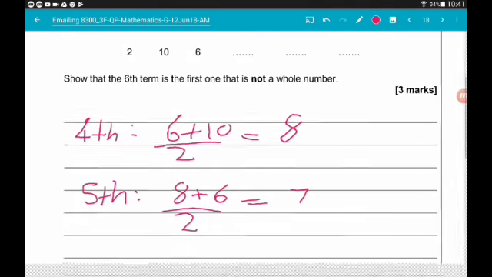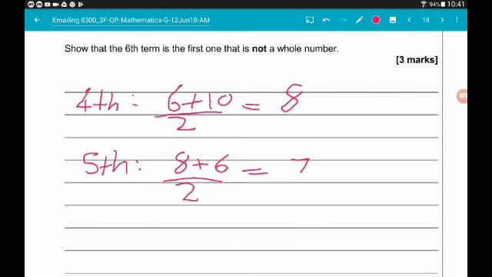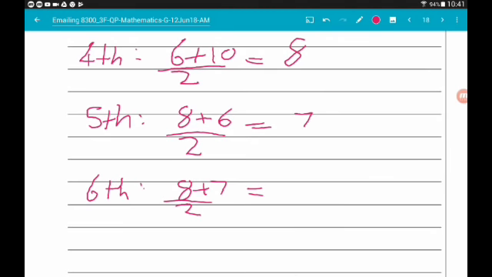And then our 6th term is 8 plus 7, divided by 2, which is 15 divided by 2, which gives us 7.5, which is not a whole number, and it's the first time that has happened.